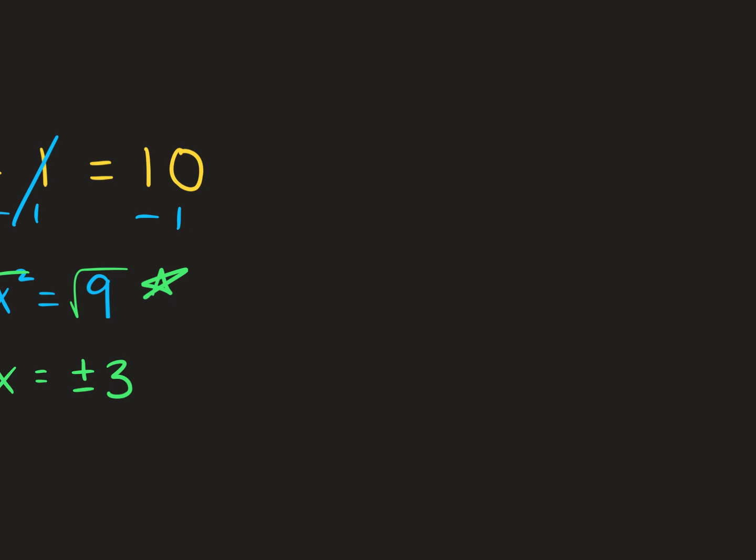Any questions there? All right, let's do number 2. The other type of question that we saw from 3.1 was if we have a parentheses squared with an x in it. So let's say x minus 2 squared plus 4 is equal to 11.